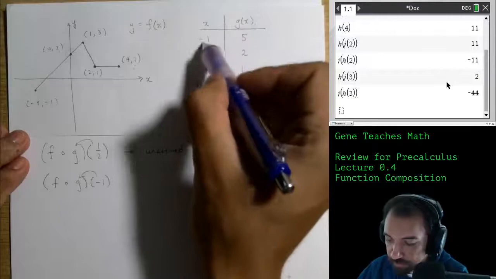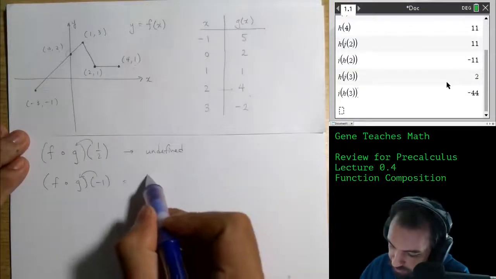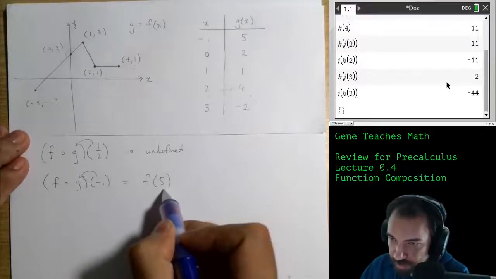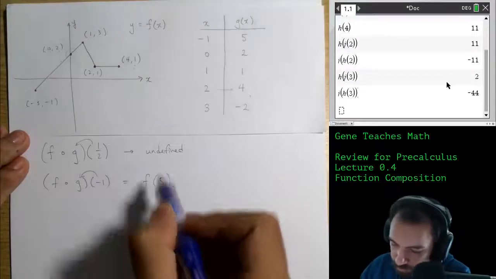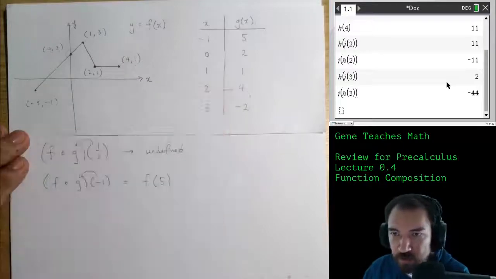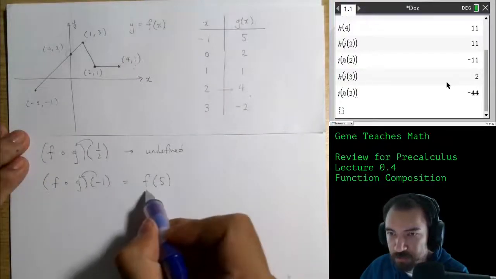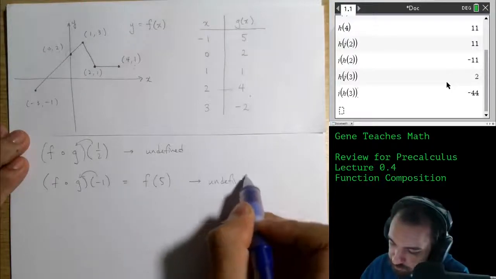So I go over here, I find negative 1, the output is 5. So now I understand this is f of 5. So I'm supposed to take that as the input for f. That means use 5 as the x coordinate and find the y coordinate. Go over here, and there's no point at x equals 5, because 5 is not part of the domain of f. So once again, I get an undefined result.